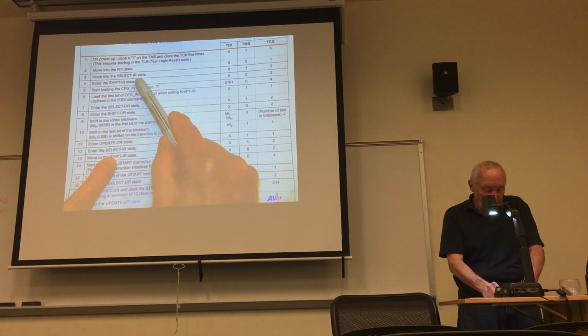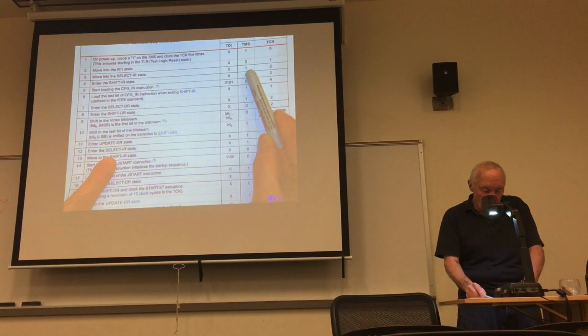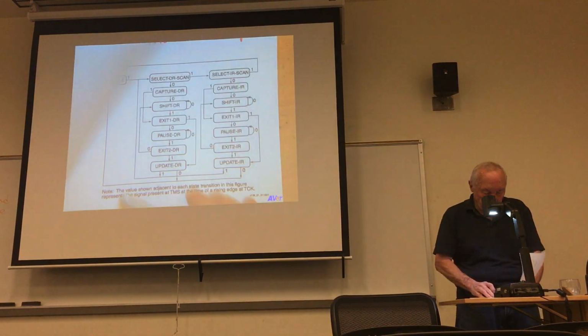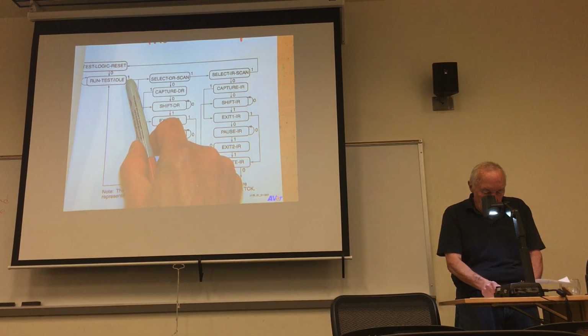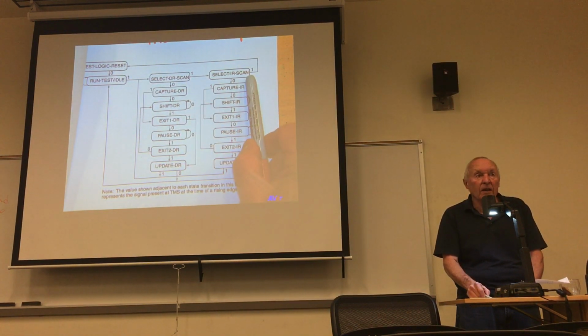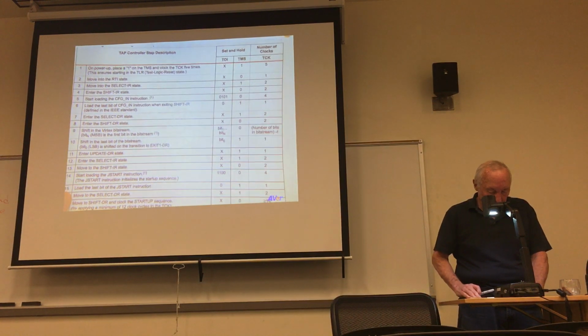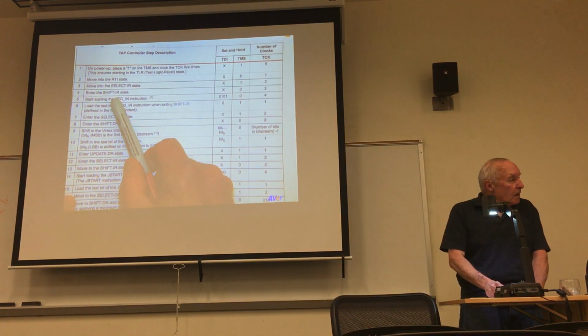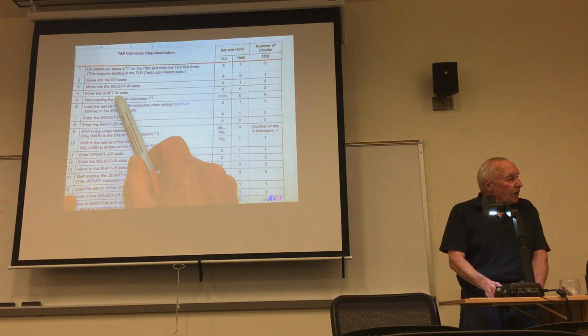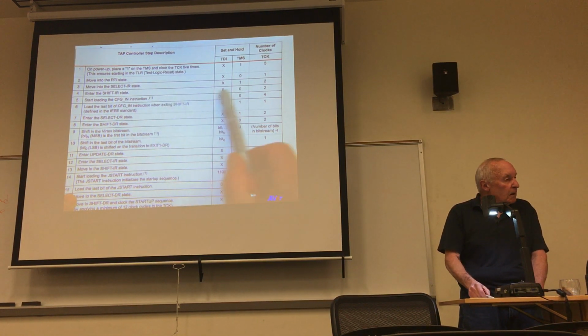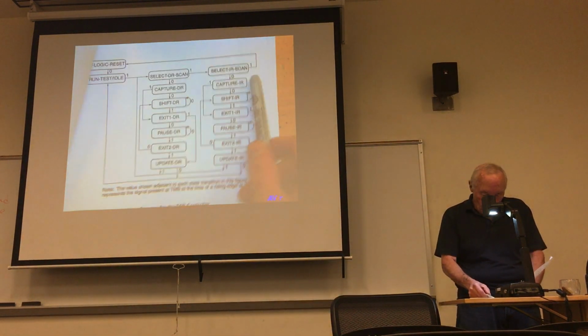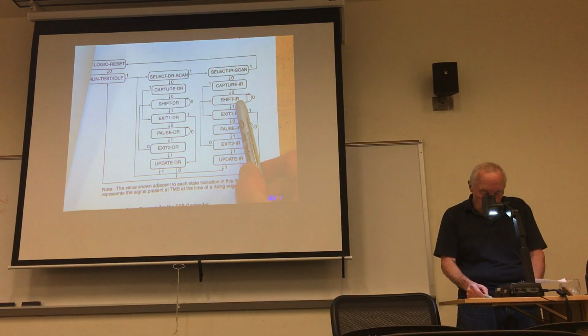Move into the select IR state, put a 1 on test mode select and 2 clocks. 1, 2, I'm in select IR scan. Enter the shift IR state. A 0 on test mode select and 2 clocks. 1 clock, 2 clock, I'm in shift IR.